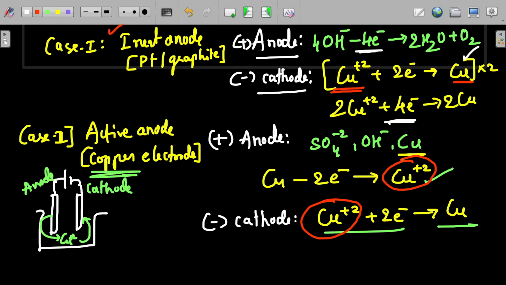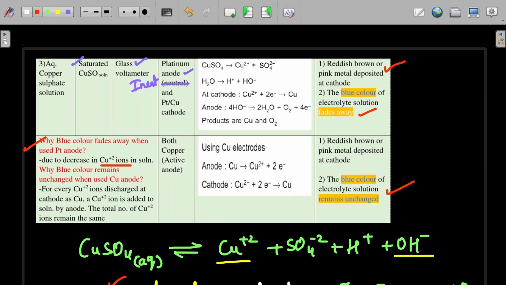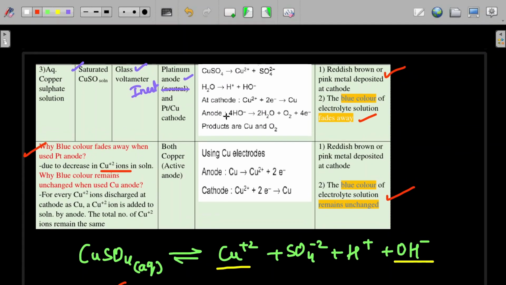Therefore, the color of the solution will not change when you use the active anode, or copper electrodes. And talking about the observation at the anode, you can write anode diminishes in mass and size. This is only for active.